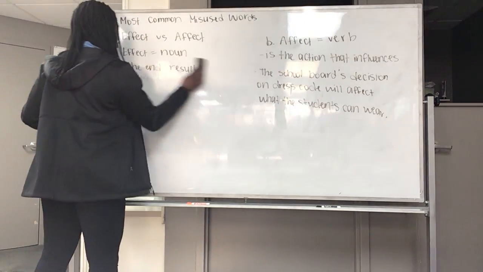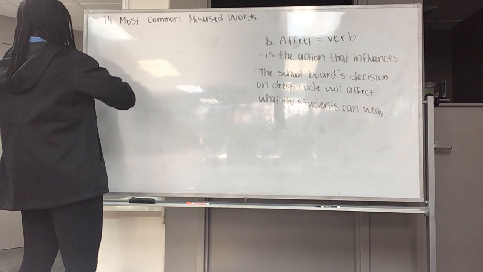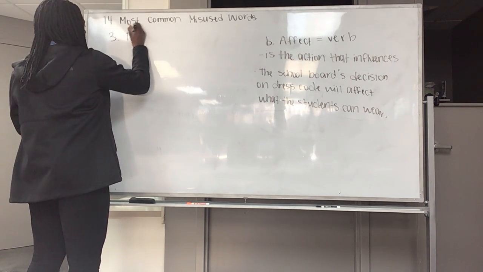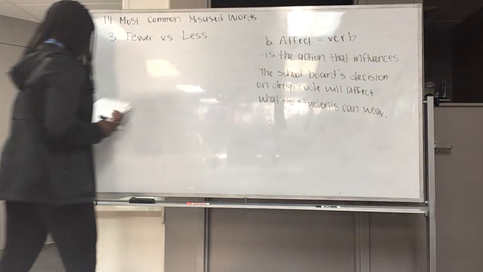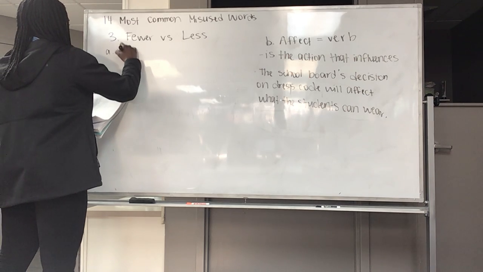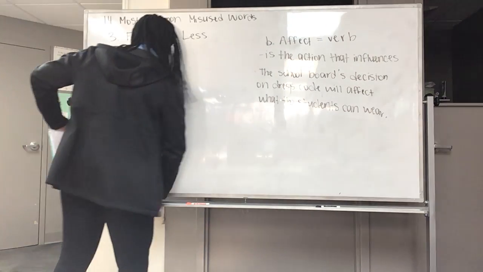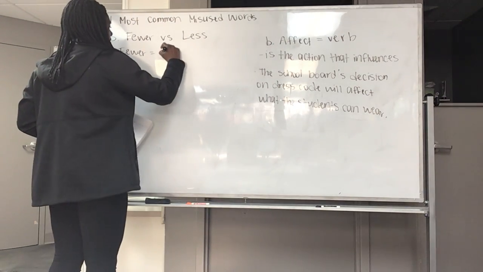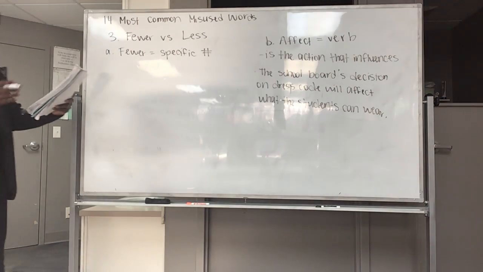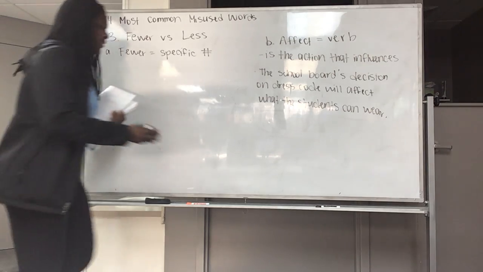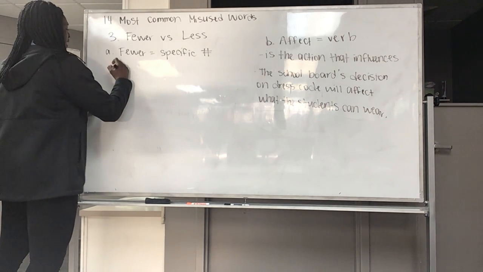Number 3 is fewer versus less. So when we use fewer, we're usually talking about a specific number, something you can count.